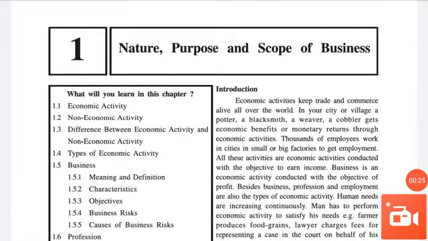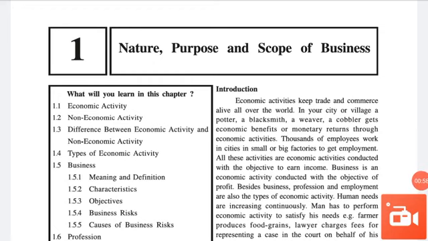In our first lecture of Standard 11th, we told you all a little bit of idea about commerce and subjects. So, in OC, there are a total of 11 subjects and the first chapter is Nature, Purpose and Scope of Business. So, we start. Are you ready all? Okay, good.